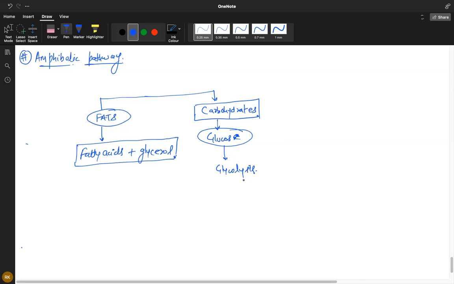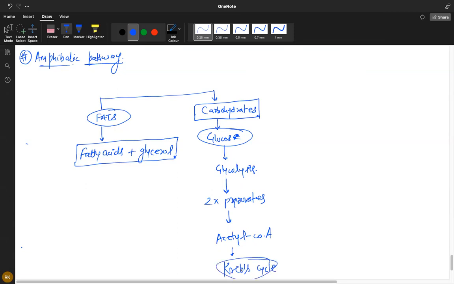From glycolysis come 2 pyruvates, and then this pyruvate becomes acetyl CoA as we studied, and this enters the Krebs cycle.